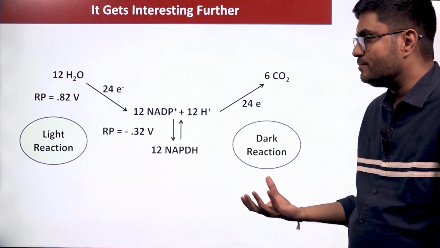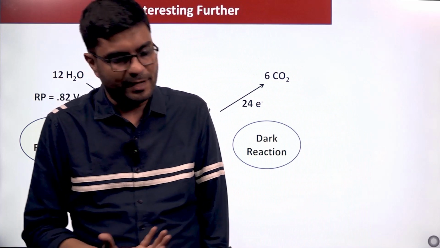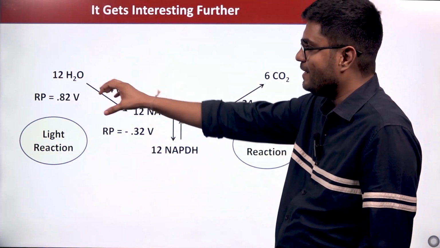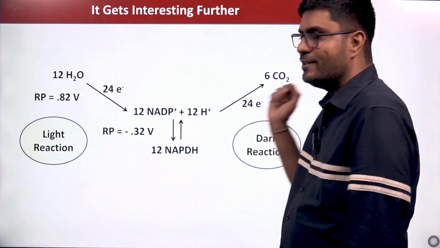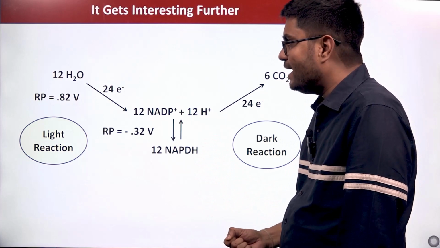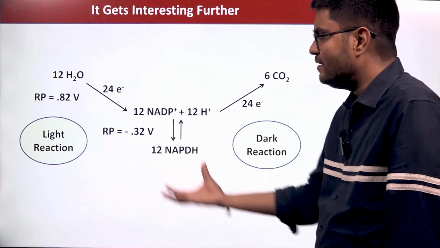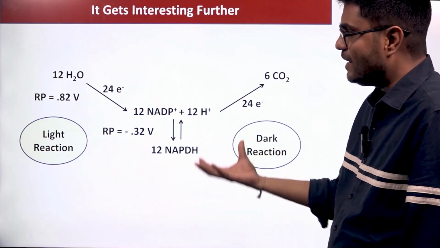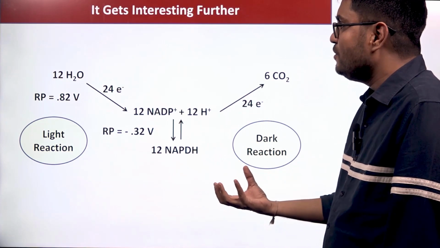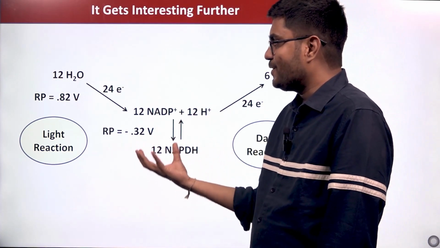Now comes one of the best designs, one of the mesmerizing designs of biology, where 24 electrons will be taken out from water without breaking any physical or chemical law, and that design is called the Z-scheme. And whenever I learn it, whenever I try to explain it, I always get goosebumps at how to accommodate the principle of reduction potential.